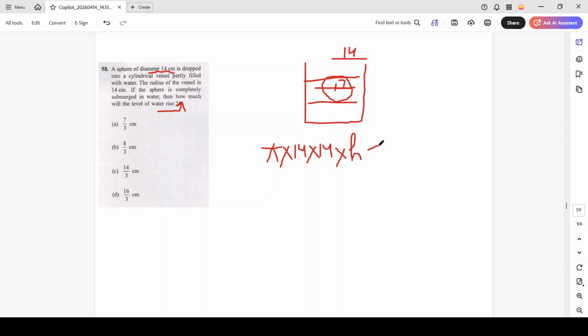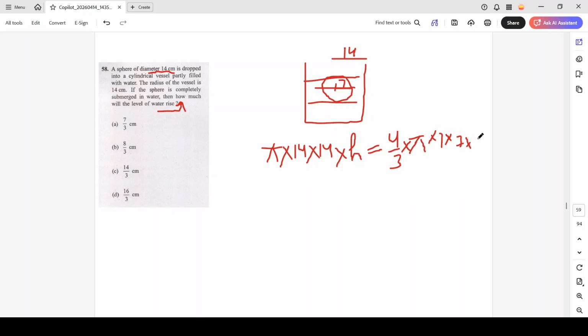Okay, what will be equal to the volume of sphere, that is 4 upon 3 into pi. What is the radius of sphere given to us? 7. That means 7 to the cube, 7 into 7 into 7.